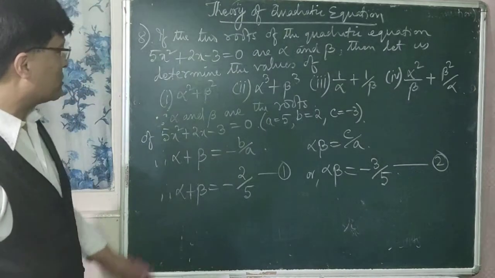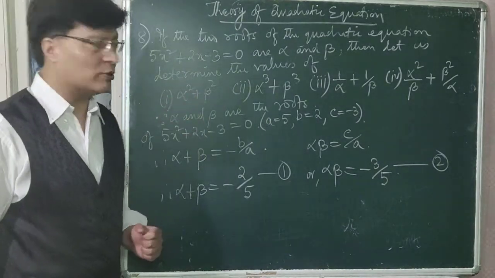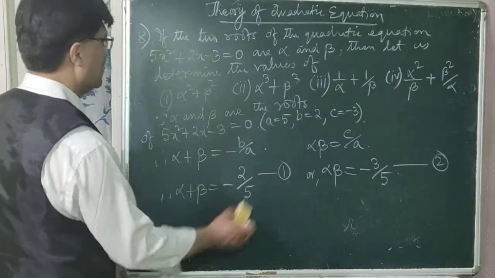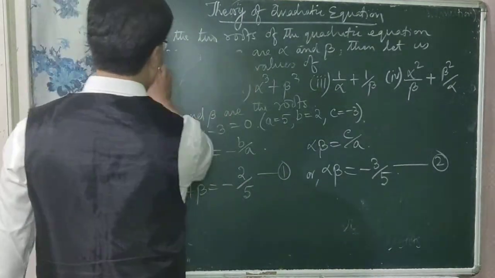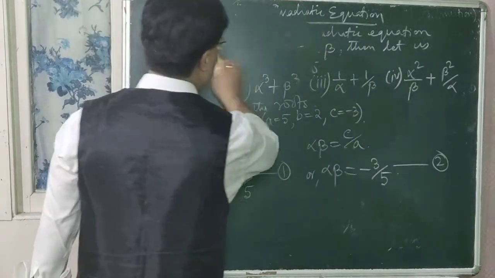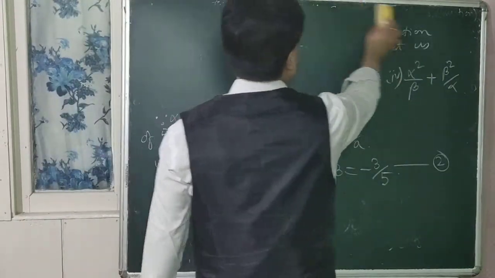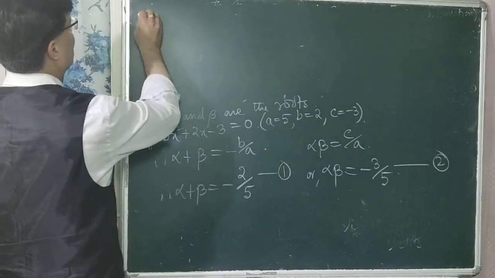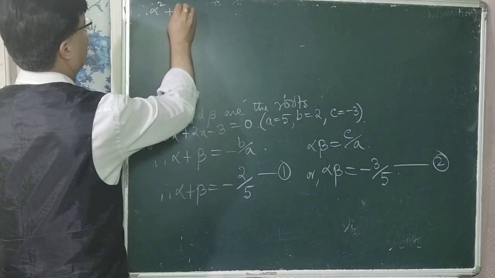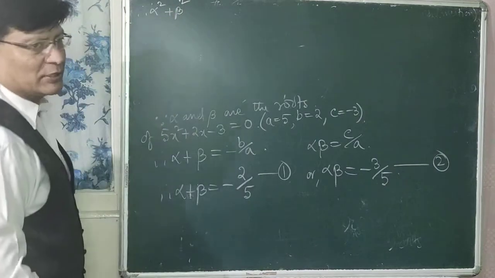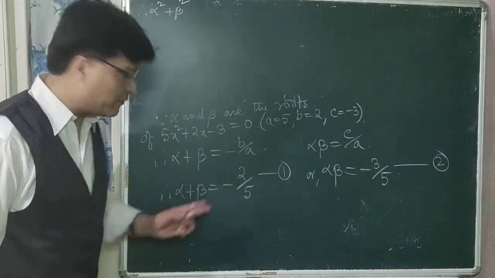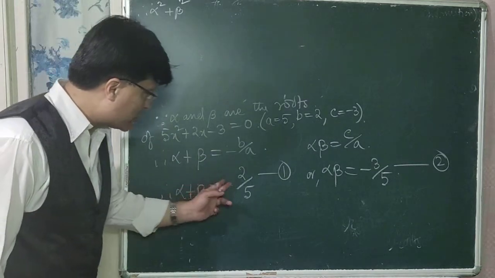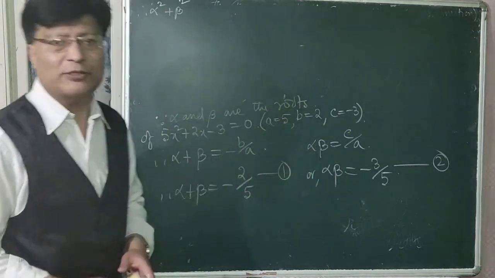Now let us find out number 1. You have to get the value for alpha square plus beta square, right? But we know the value for alpha plus beta as well as alpha beta. Alpha plus beta is equal to minus 2 by 5 and alpha beta is equal to minus 3 by 5.